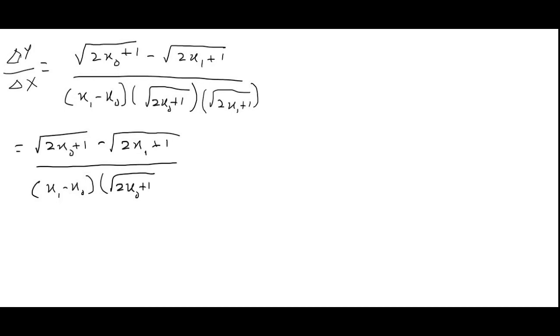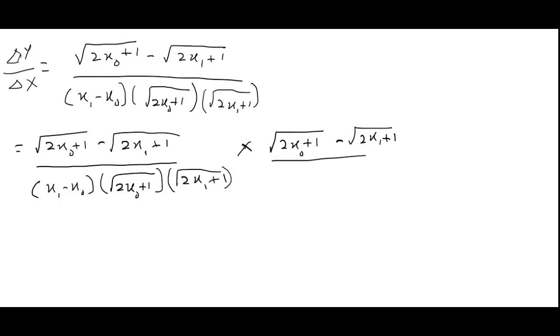Under root 2x0 plus 1, under root 2x1 plus 1, and multiplying and dividing by the conjugate of the numerator value, that is under root 2x0 plus 1 minus under root 2x1 plus 1 over under root 2x0 plus 1, this is our plus, under root 2x1 plus 1.